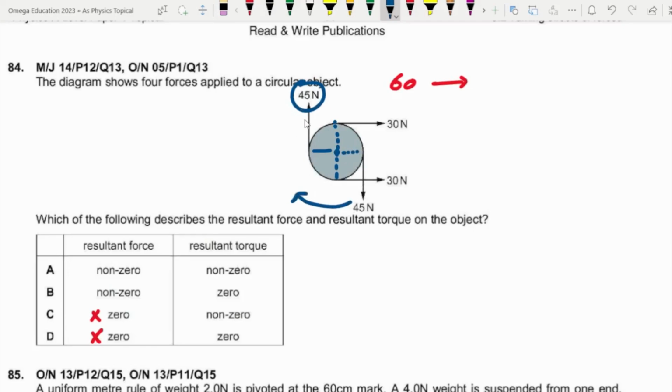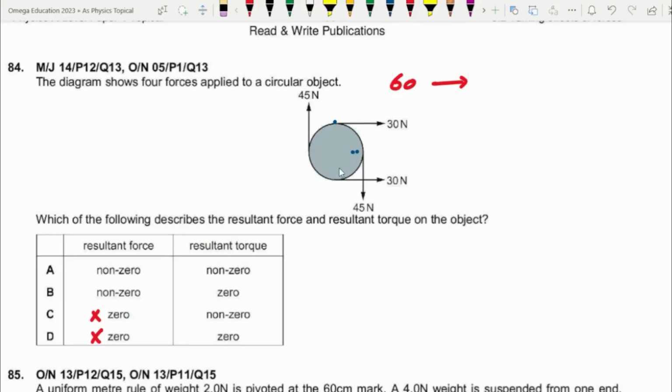So these two moments cannot cancel out each other. Matter of fact, these two forces would form a couple, and a couple would rotate the object. It tends to rotate the object. So the resultant torque cannot be 0.